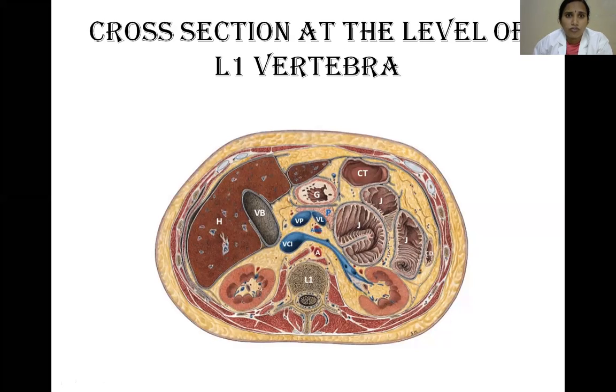Altogether there are 15 structures present at the level of the transpyloric plane. You can see here, this one is the L1 vertebra, body, next transverse process, and the spinous process, vertebral canal enclosing the spinal cord.